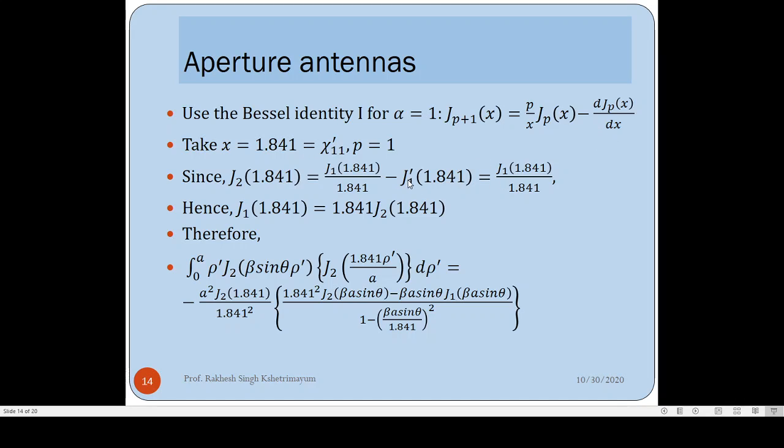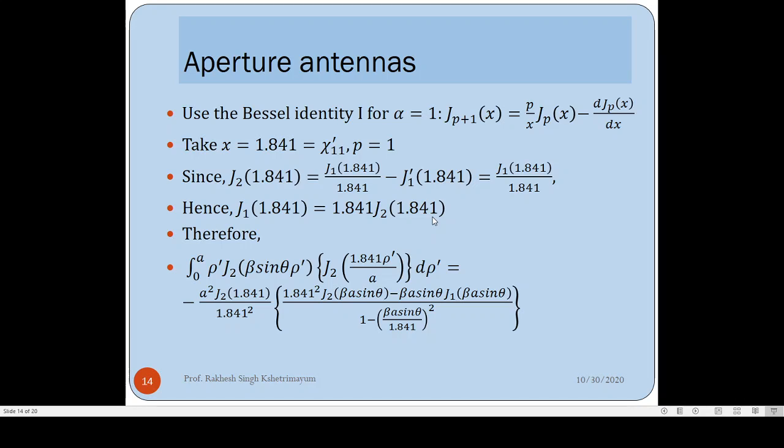So that means J1'(1.841) will become 0, since 1.841 is the first root. So J2(1.841) will become J1(1.841) by 1.841. So J1(1.841) can be expressed as 1.841 J2(1.841).